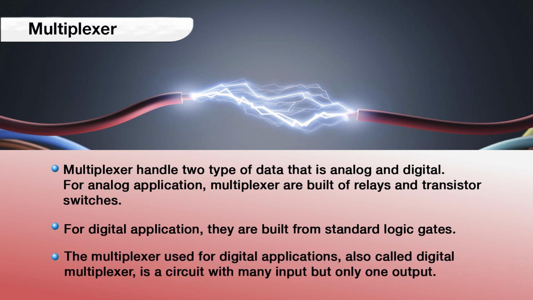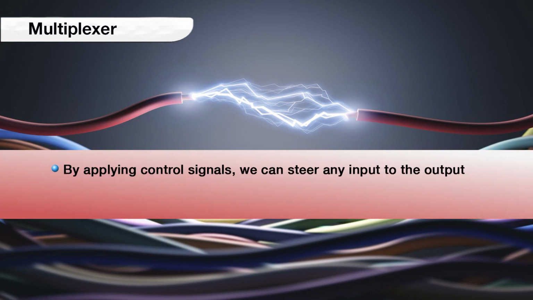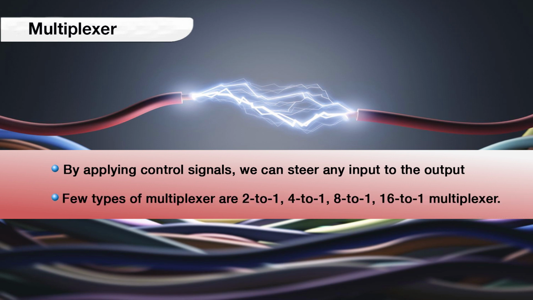The multiplexer used for digital applications, also called a digital multiplexer, is a circuit with many inputs but only one output. By applying control signals, we can steer any input to the output. A few types of multiplexers are 2:1, 4:1, 8:1 and 16:1.